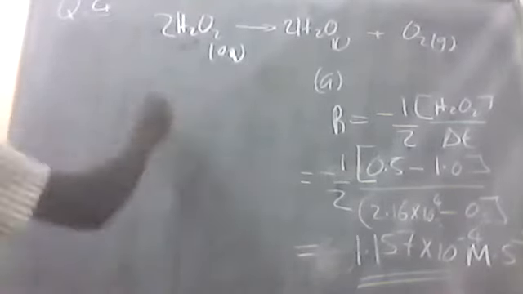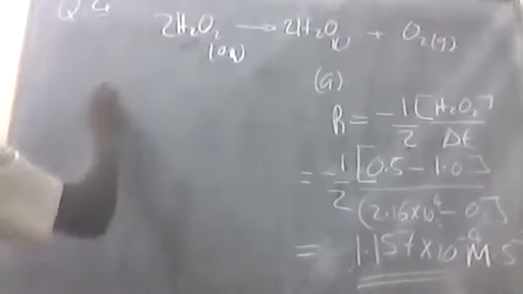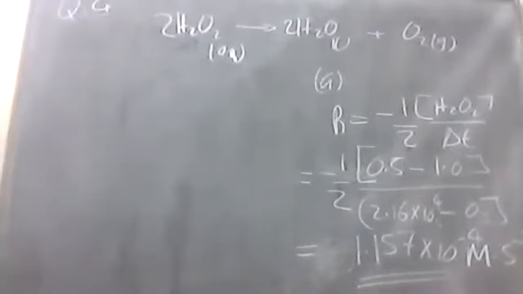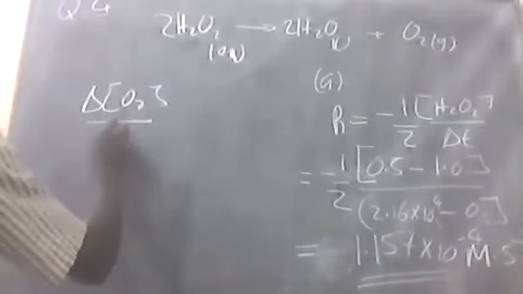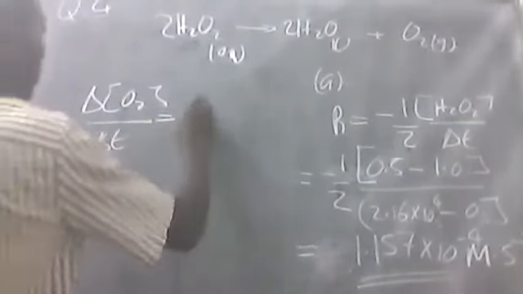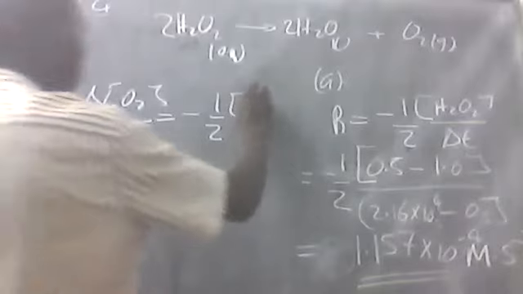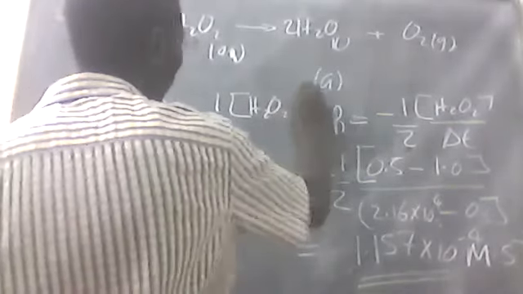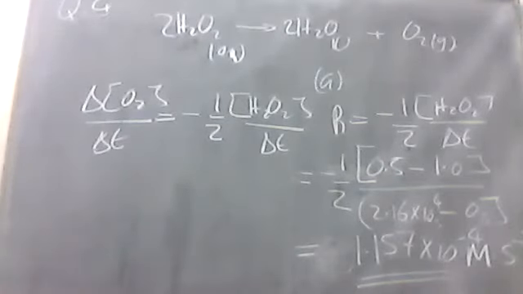So if we were to do this, we know that the change in O2 over change in time equals minus 1/2 of the change in H2O2 over change in time. But here we are already given the rate, which we have found.